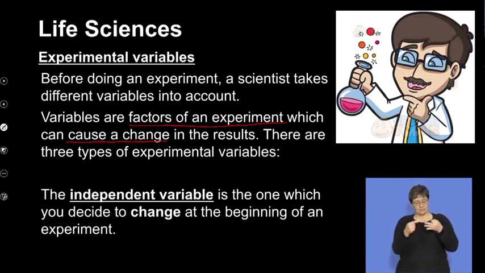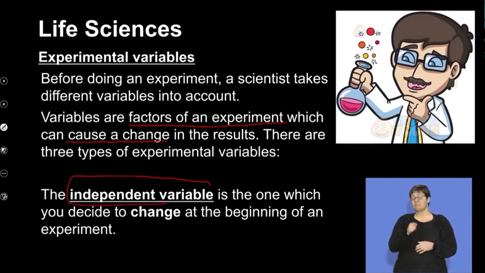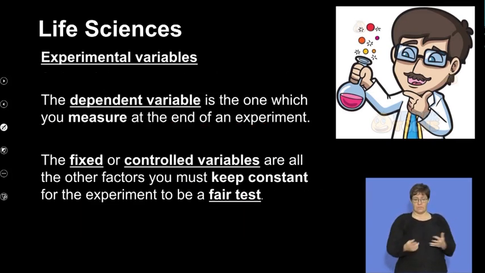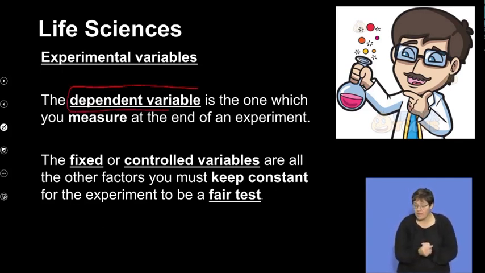And there's three types of variables that are important, and one is the independent variable, and that is the one that you change. You decide you're going to change this to see what happens. And what will happen because you've changed that is called the dependent variable, and that's the one that you measure at the end of an experiment.